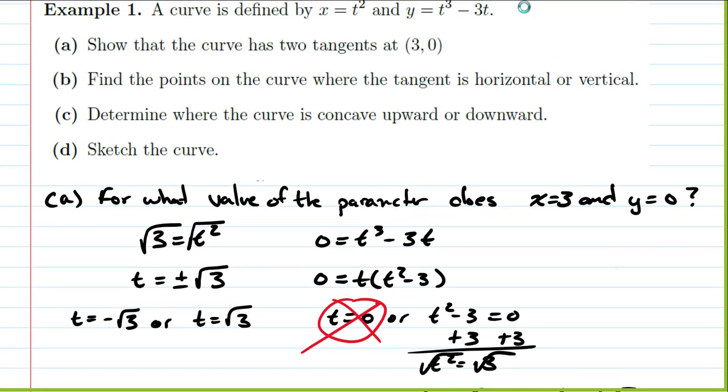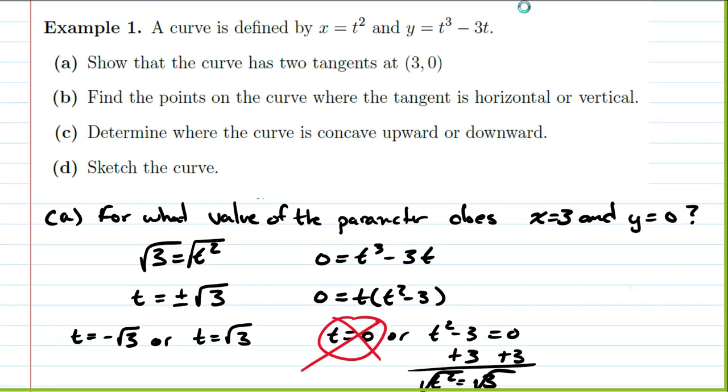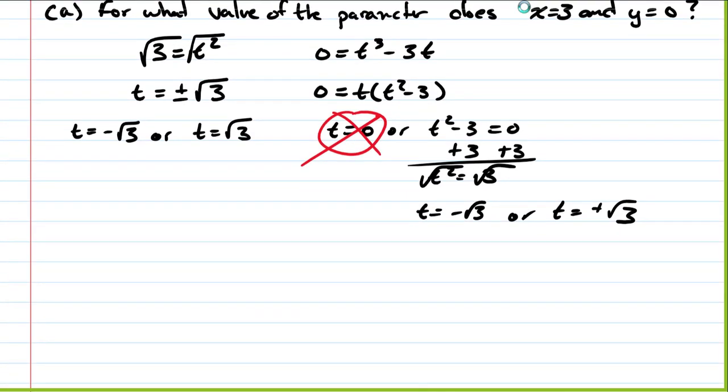So then we need to show that it has two different tangent lines. So to find the tangent line, or the slope at that point, we need to find the derivative. So to find dy/dx, we need to calculate dy/dt over dx/dt.